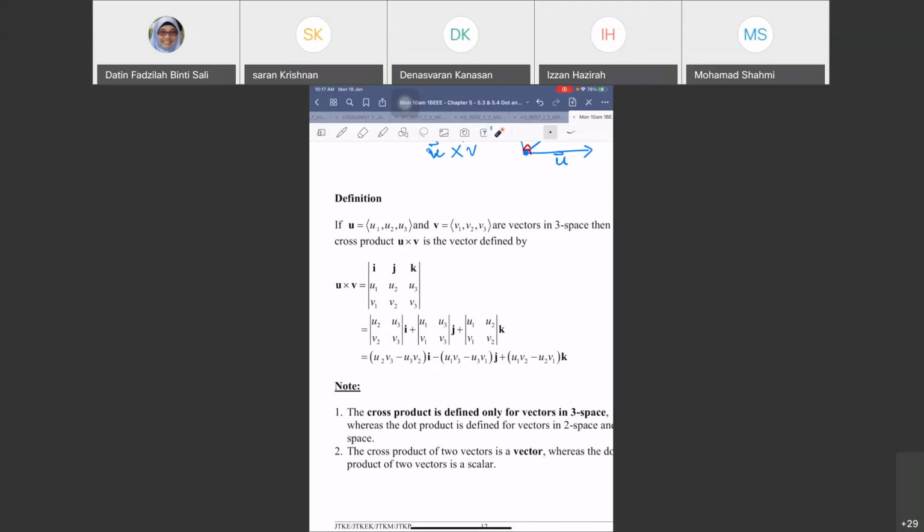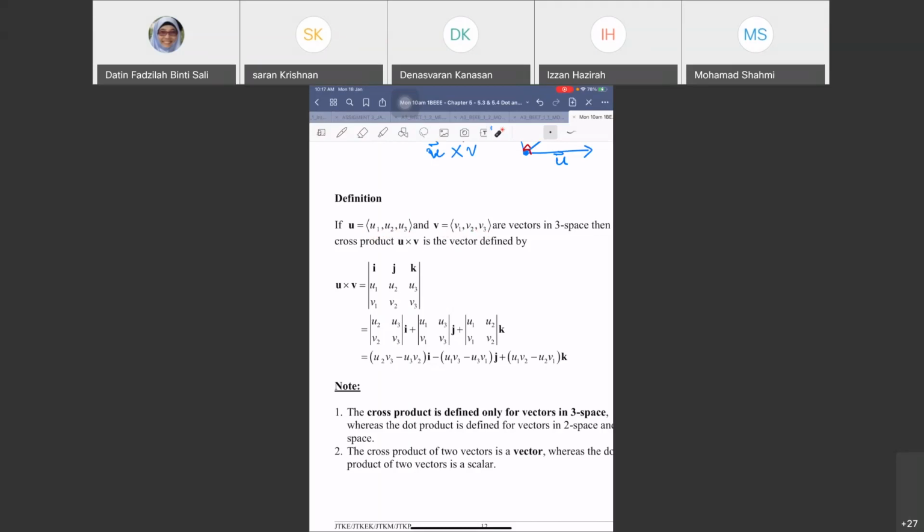So let's say you have a vector u with these components, u1, u2, u3, and another vector v with components v1, v2, v3. Of course, they are in three-dimensional space, because we said that the cross product only happens in three-dimensional space, not two-dimensional space.